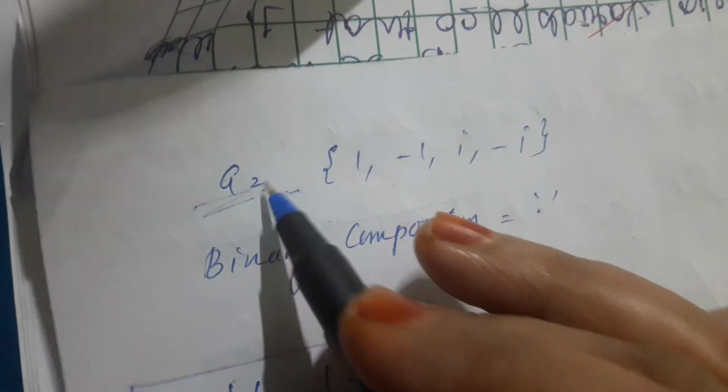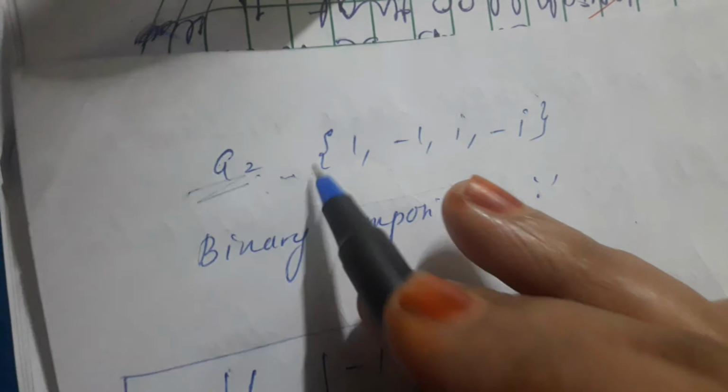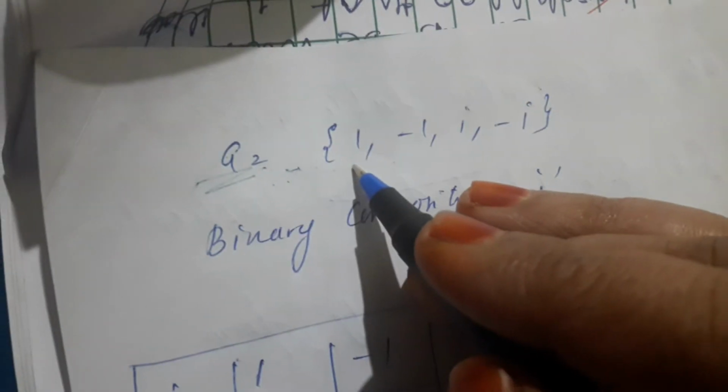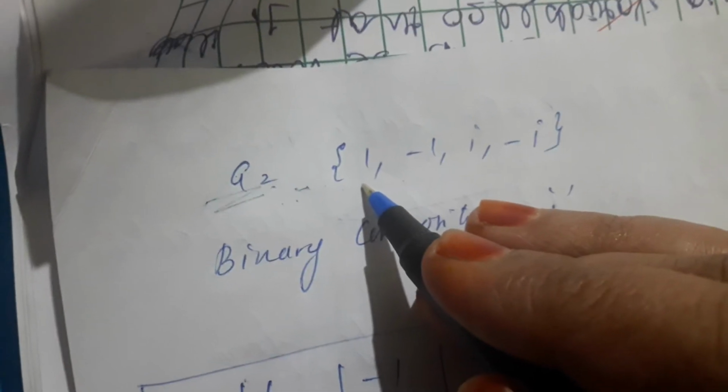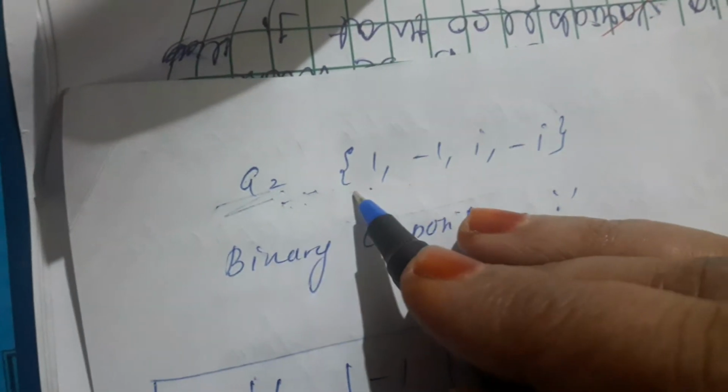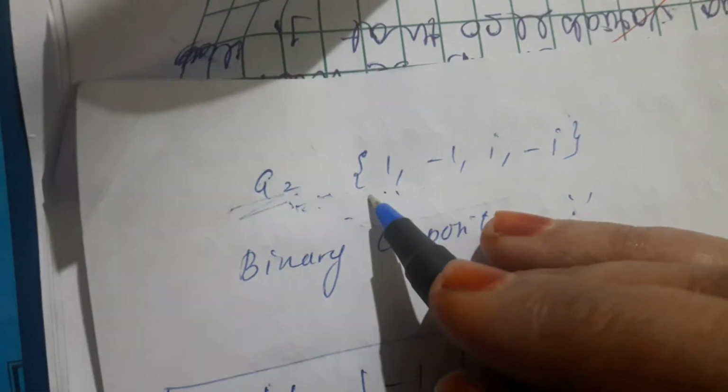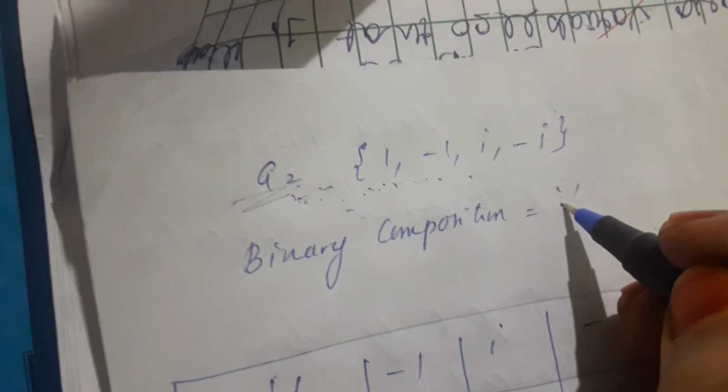G is a finite group according to the definition of a finite group. What is the definition of a finite group? If the number of elements in a group is finite, then the group is called a finite group. Here dot is a binary operation.